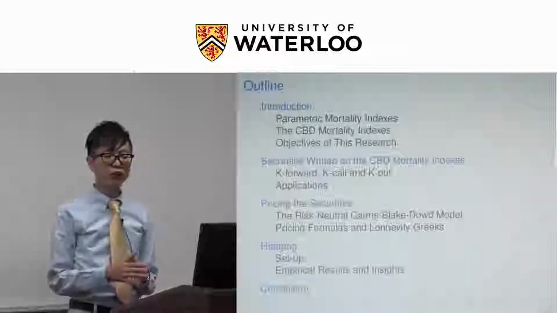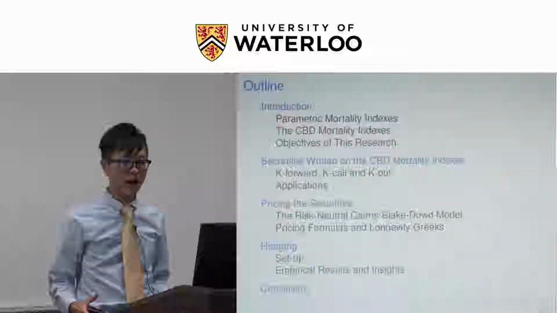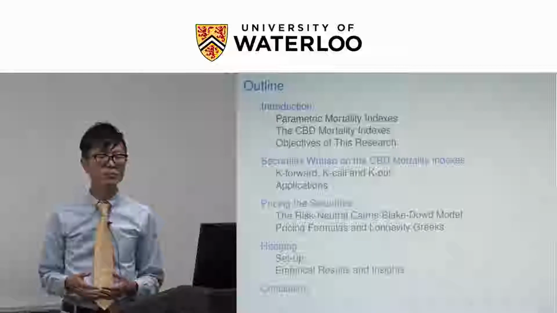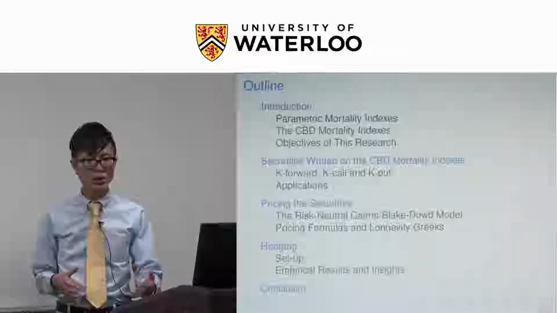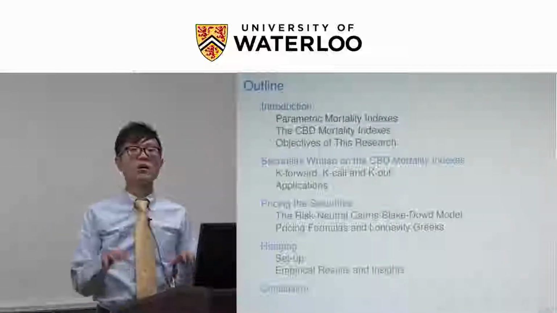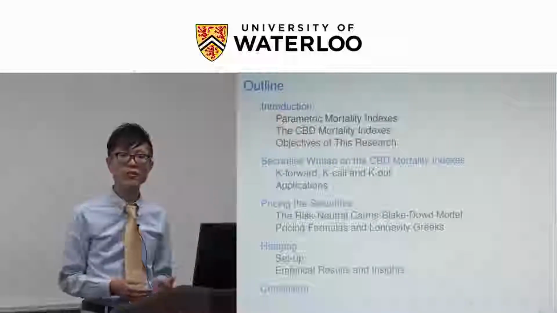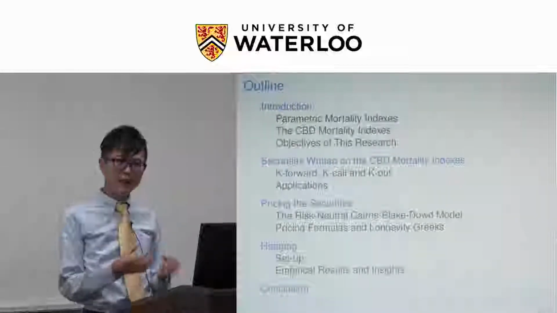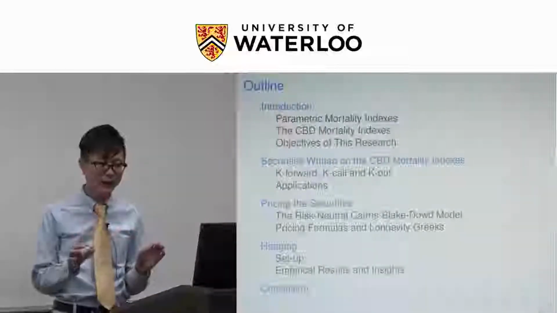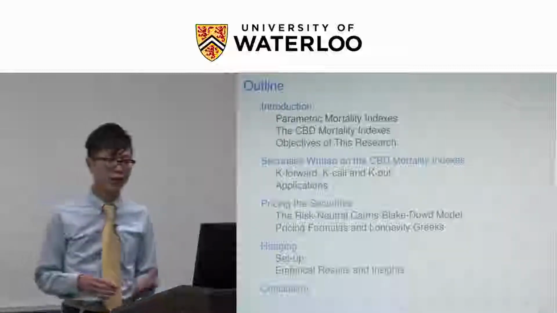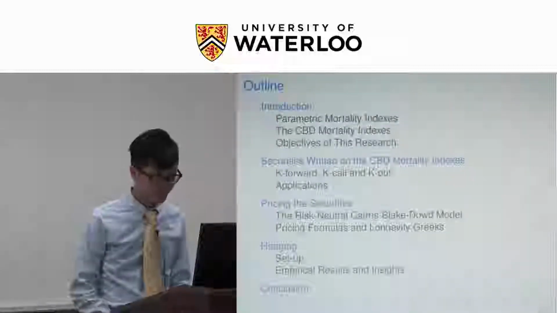And we will go through the risk-neutral cost breakdown model, and we'll also develop some pricing formulas and also longevity grids, which can be used for deriving hedging strategies. Finally, I will spend some time on hedging and draw some insights from the hedging results.